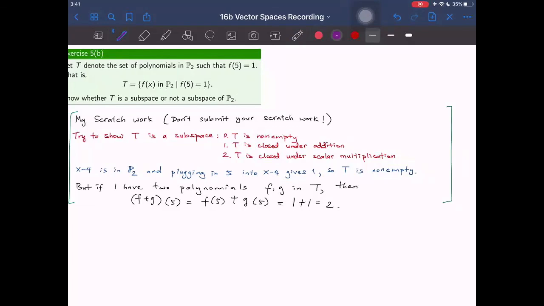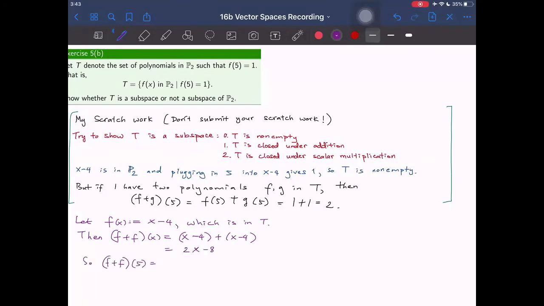Let me come up with a counterexample. I will try to use the same polynomial, x minus 4. So I write down let f be the polynomial x minus 4. I have explained before that x minus 4 is in T. I can choose a different polynomial, but let me just choose the same one. f plus f gives me x minus 4 plus x minus 4, which is 2x minus 8.